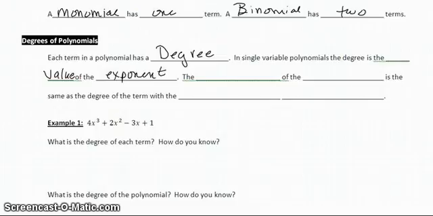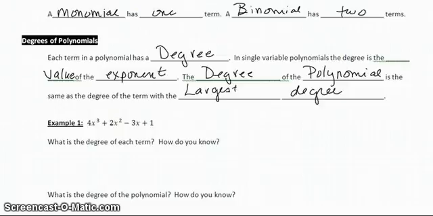And the degree of the polynomial is the same as the degree of the term with the largest degree or exponent.